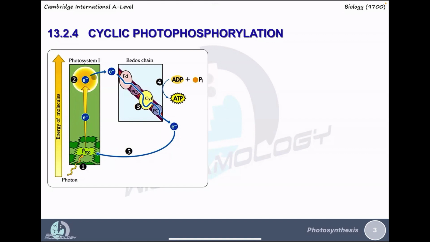Instead of passing this electron to NADP, these electrons are transferred along an electron transport chain. During this process, ATP is produced through a process known as chemiosmosis, and finally this electron is returned to the reaction center P700.